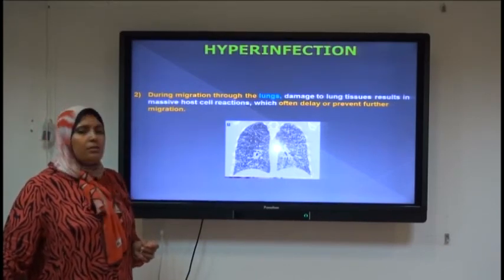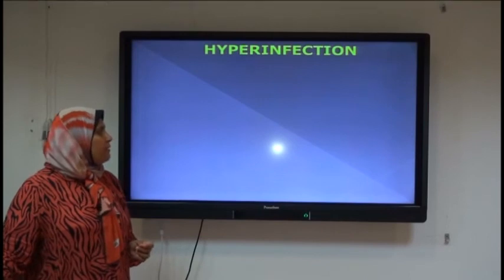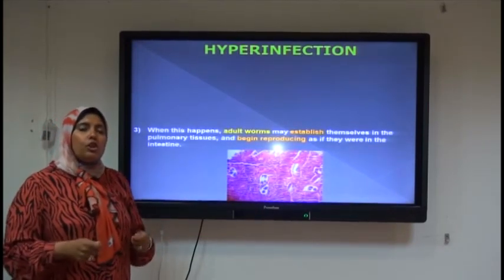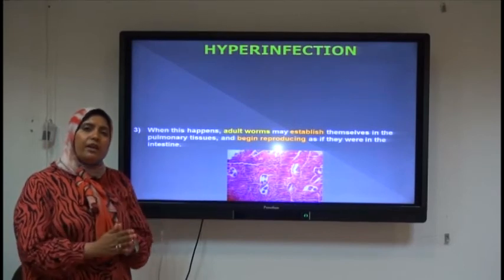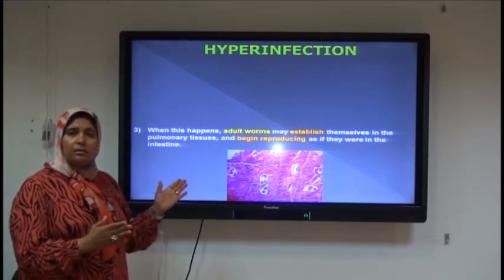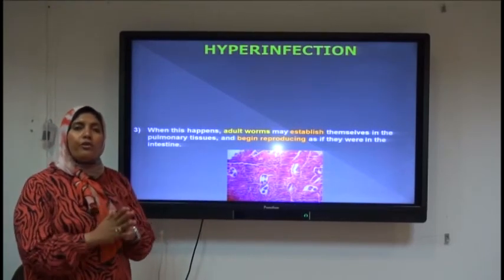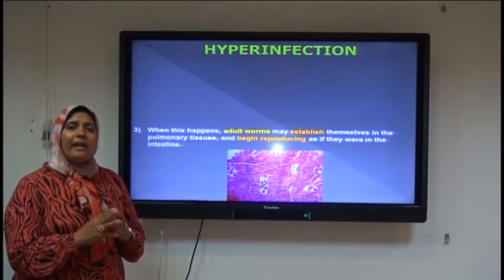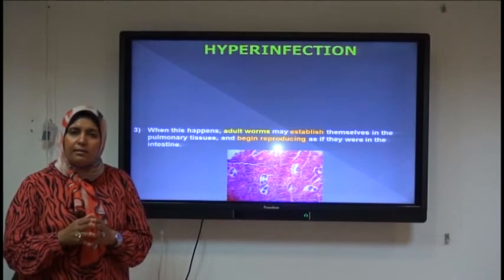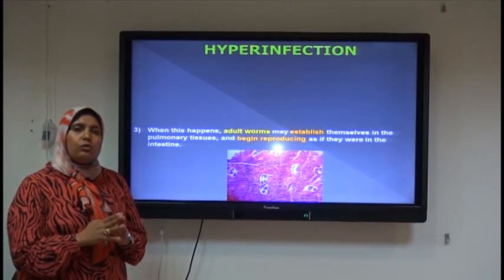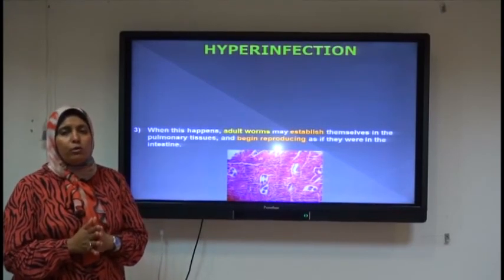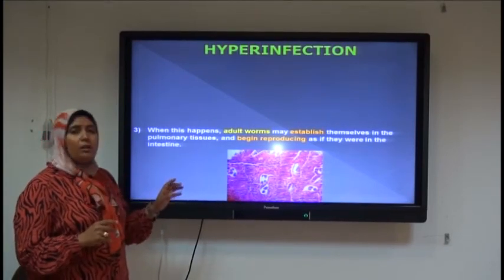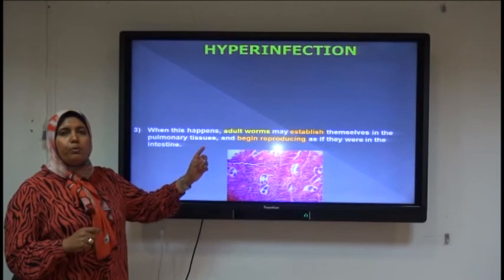So what is the consequence of this? The consequence is that the larvae will be obliged to complete its life cycle inside the lungs. It will no more respect its normal life cycle. It will not wait to go to the intestine to continue the other two molts to develop into sexually mature adults. On the contrary, mature adults will be produced in the lung.